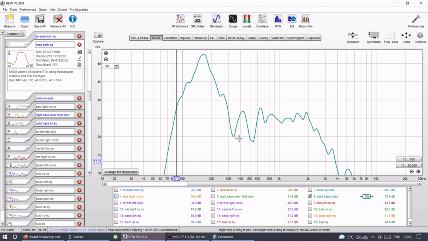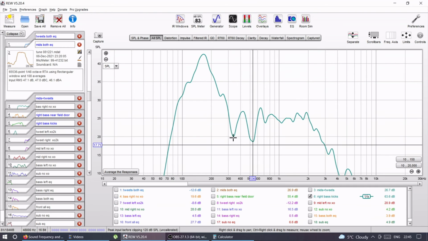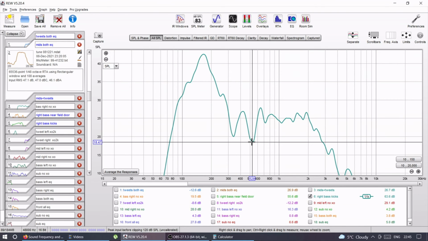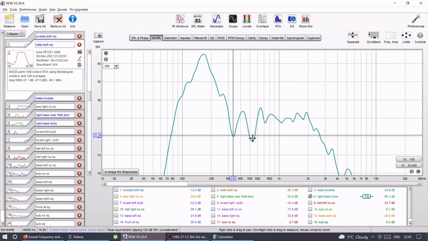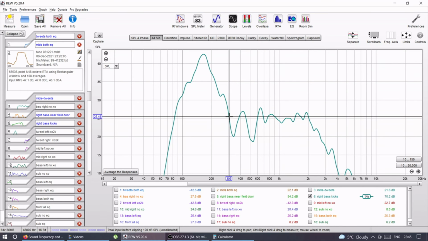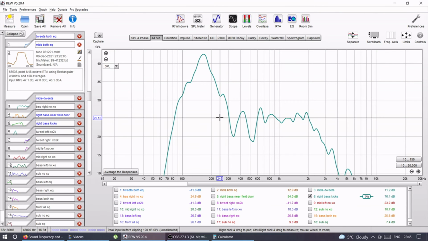I still have cancellations here, 340 and 530, but they don't matter because I cross my mid bass at about 300, and maybe later I'm going to cross it at 200, 250. It depends on what midrange I'm going to have.